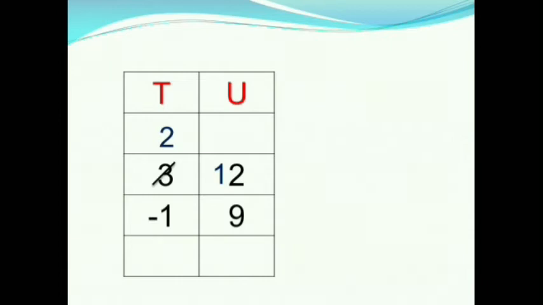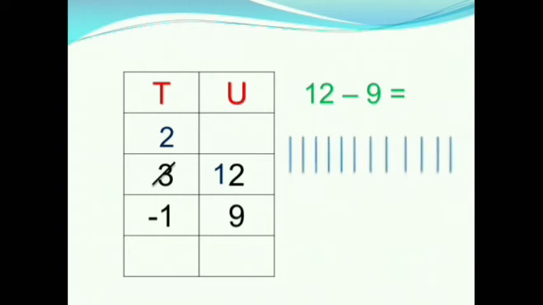Now we should subtract units place digits. The digits in the units place are 12 and 9. I have drawn 12 lines and cut 9 lines. Now how many lines are remaining? 1, 2, 3. 3 lines are remaining. 12 minus 9 equals 3. Write 3 in units place. Next we should subtract tens place digits.